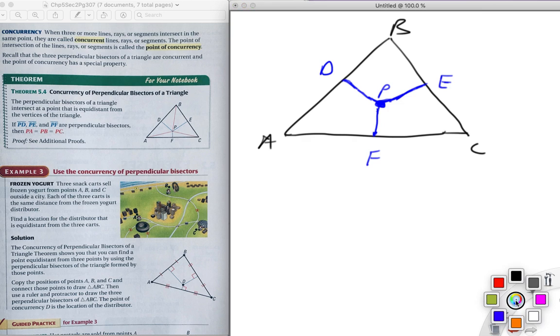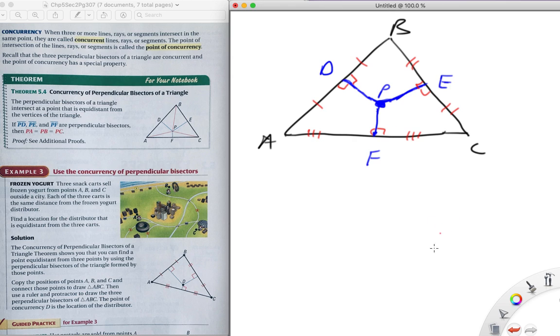They are perpendicular bisectors, right? So it's going to be perpendicular here, perpendicular here, perpendicular here. They're going to cut it in half, cut it in half, cut it in half. So we have 3 perpendicular bisectors. The point of concurrency is at point P.